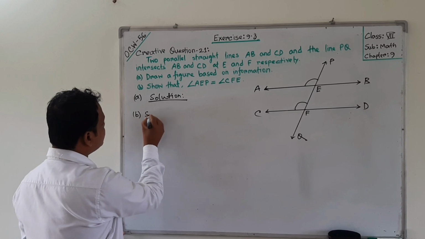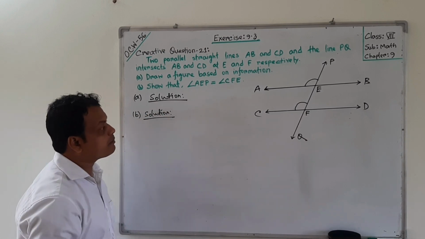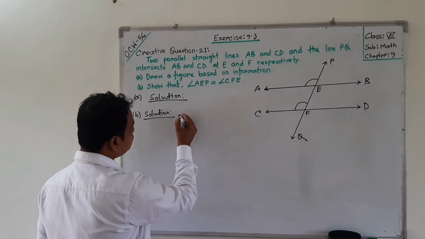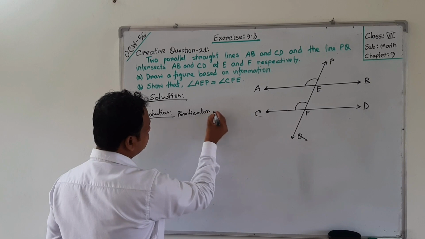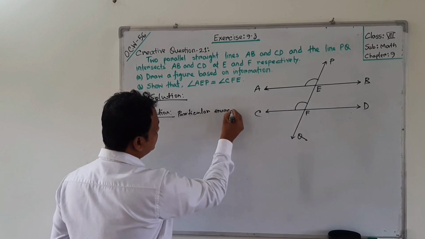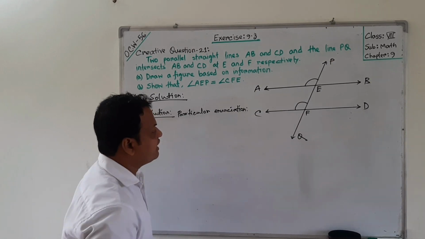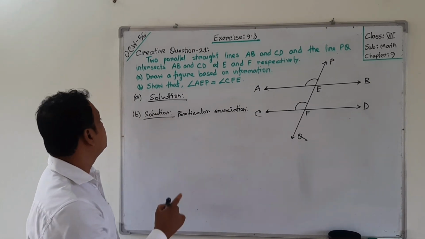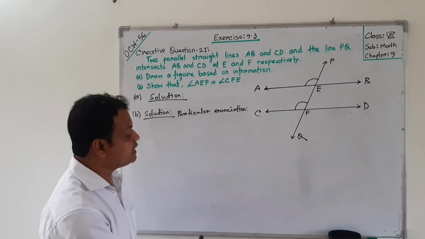B solution. We'll write the particular enunciation from the figure A. In the B number question, it's not mandatory to draw the figure again.